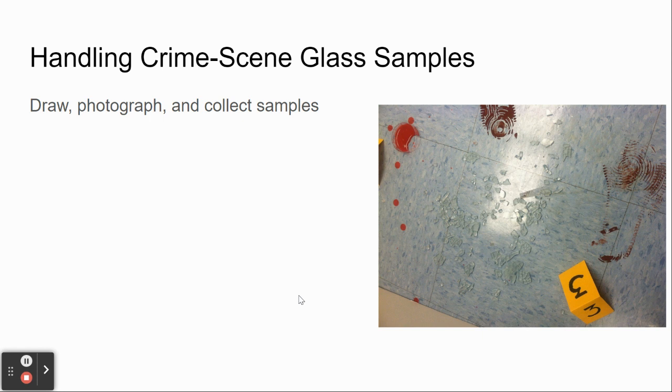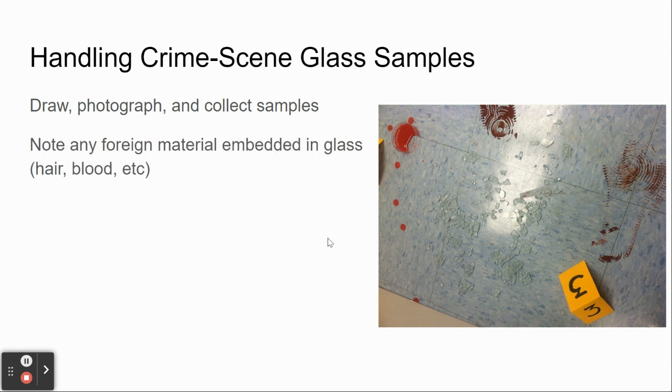In the event of maybe, let's say, an automobile accident, maybe you have a filament that's been embedded in the glass because it was hot when the accident occurred. You want to make note of all of those things, and you want to get good pictures of them. You want to include them in your crime scene drawing, to be able to document where those materials came from. That's going to be very, very important in terms of creating that applicable chain of custody.